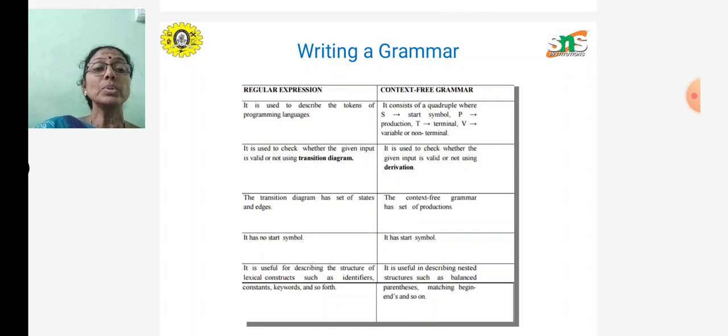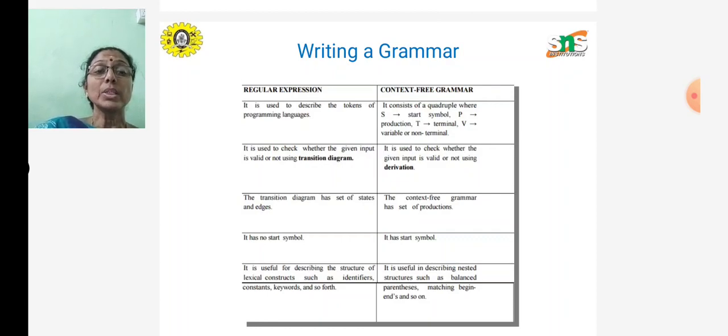The regular expression is used to describe the structure of the lexemes, converting lexical characters into tokens. The CFG is used to describe how our starting non-terminal derives the input string.